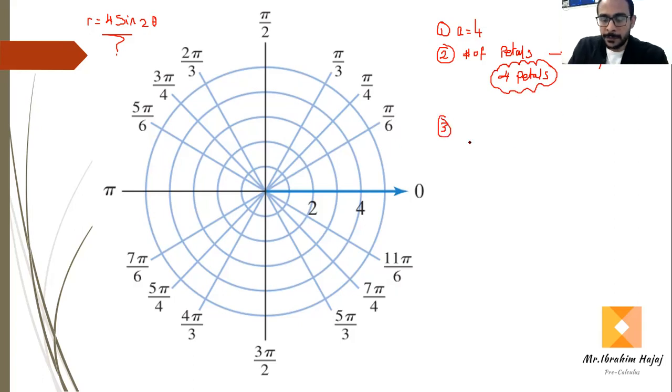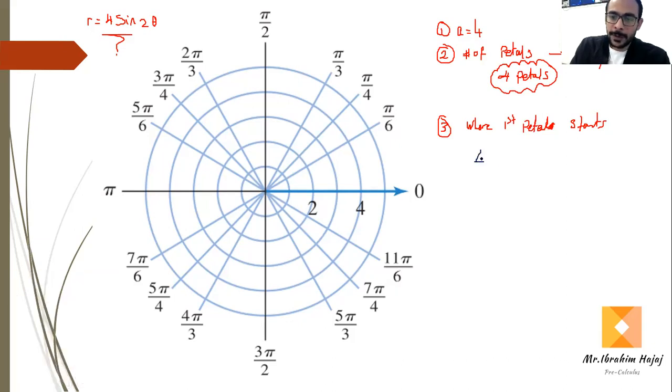Number 3, we find where the first petal starts. Substitute A for r, so 4 equals 4 sine 2 theta.